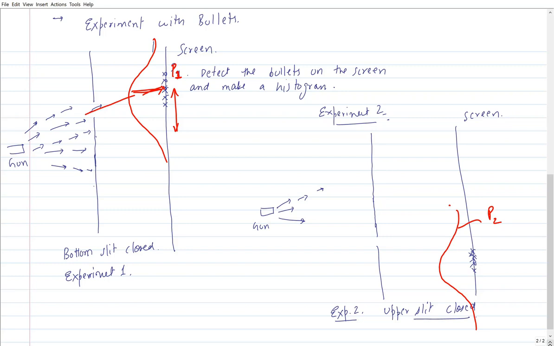So what are the other observations I make about this sort of an experiment? They might look trivial, but let me put it this way, that our observations, though trivial, should not be taken for granted. So one observation we make is that bullets arrive in lumps.